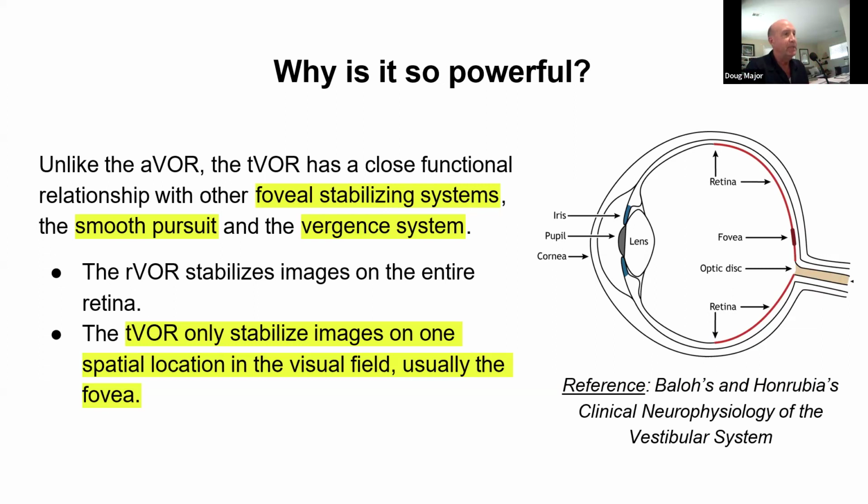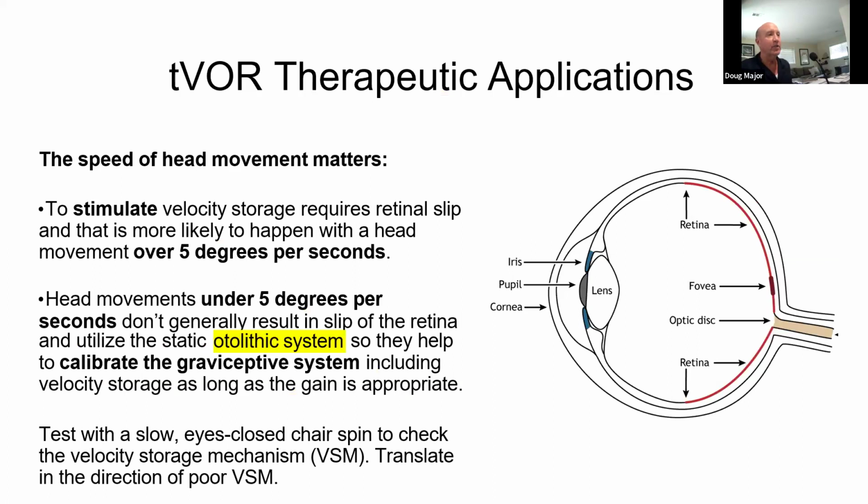The TVOR only stabilizes the image on one place in the field. And so here's some applications. If we can just move this, we can use that to make sure our otolith system is reset.